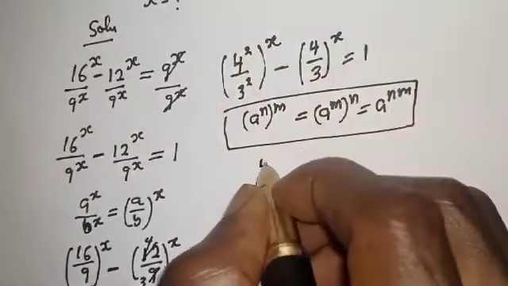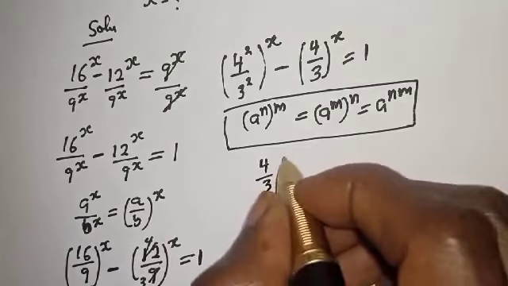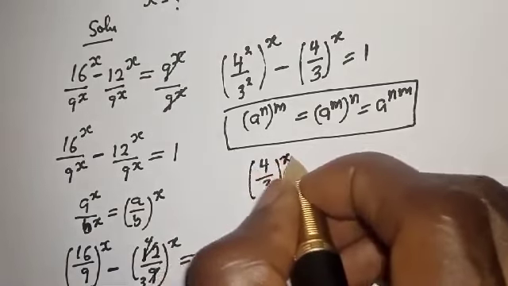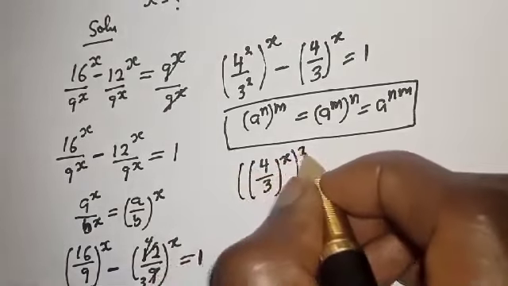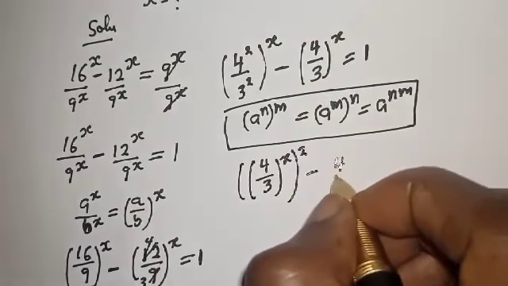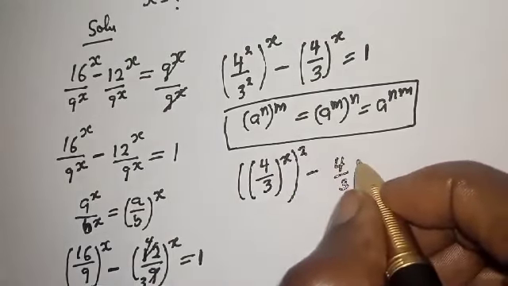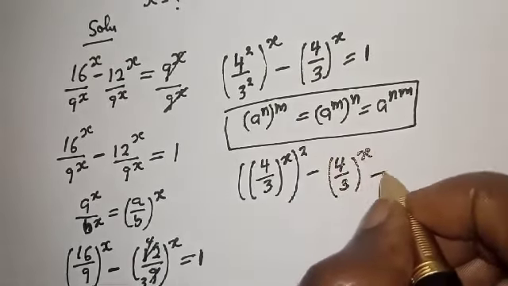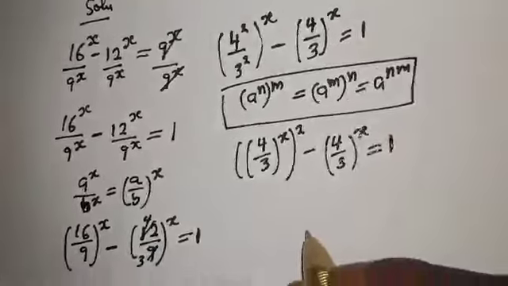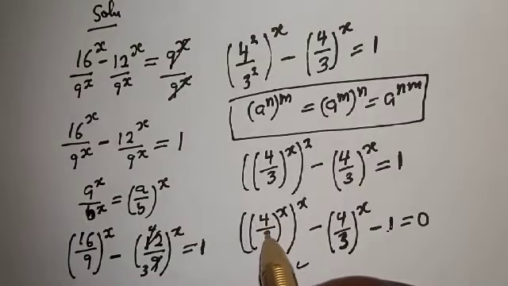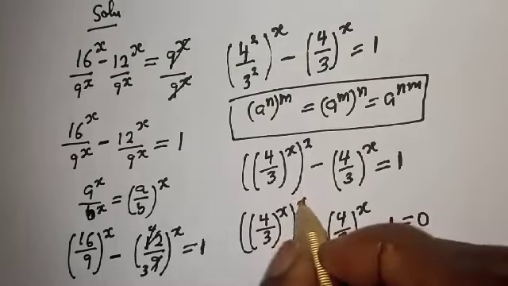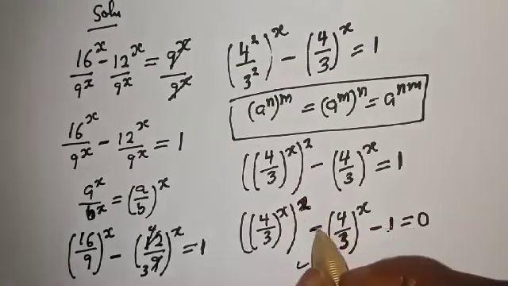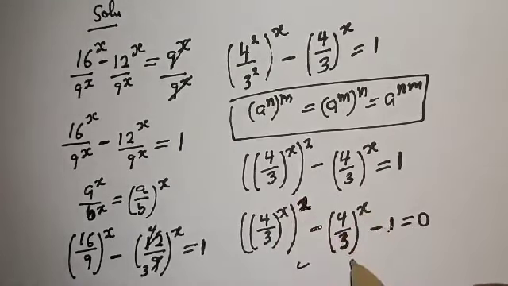This can be written as 4 over 3 raised to power of x all square minus 4 over 3 raised to power of x is equal to 1. Then from here we have 4 over 3 raised to power x all square minus 4 over 3 raised to power x minus 1 is equal to 0 if you bring this one to this side.